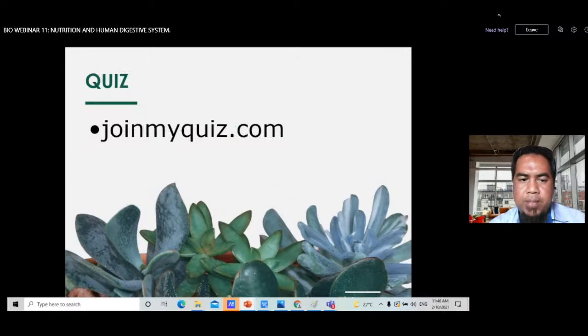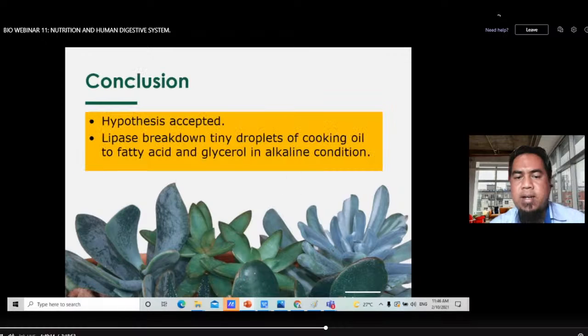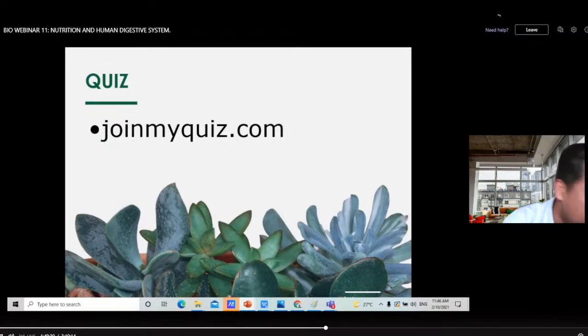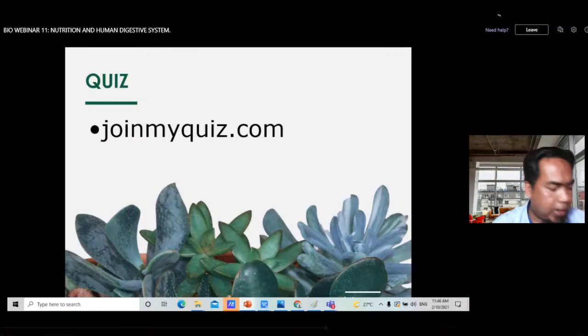Okay. So habis eksperimen, ketiga-tiga eksperimen ini. So mungkin ada pertanyaan di kalangan pelajar, mungkin ada pelajar tanya, kenapa dalam eksperimen tadi kita ada gunakan sodium carbonate solution.